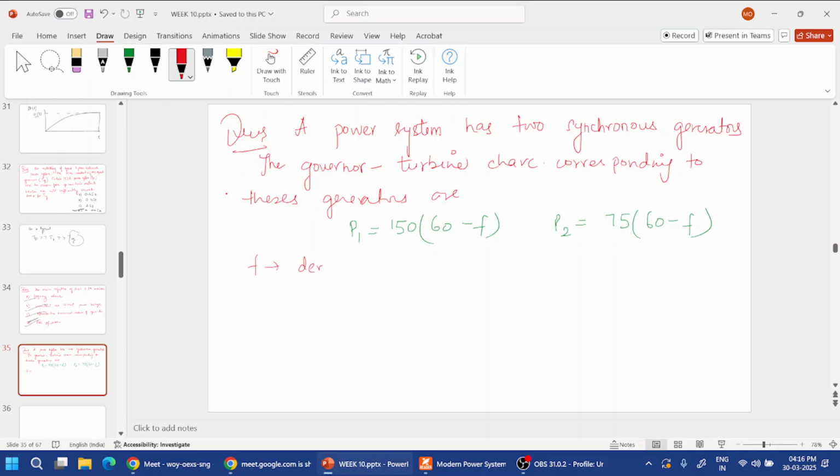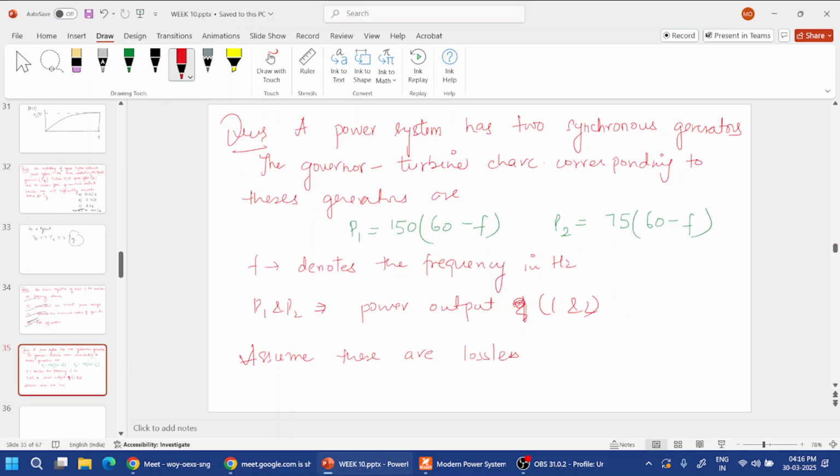F denotes the frequency in hertz, and P1 and P2 are the power outputs of generators 1 and 2. Assume these are lossless operation.